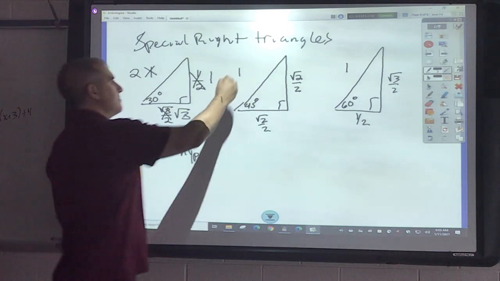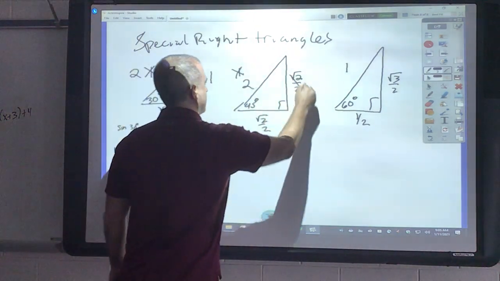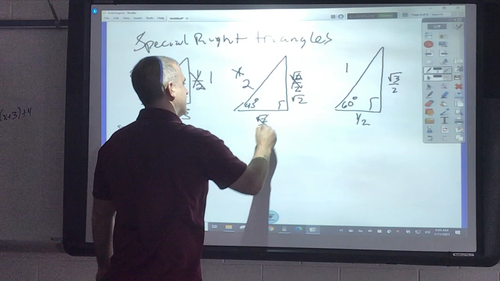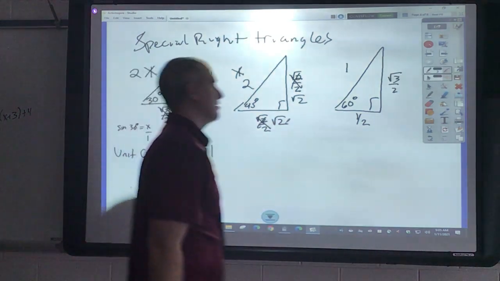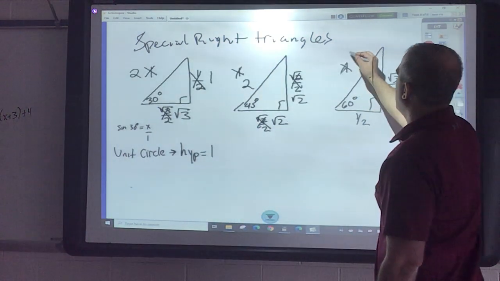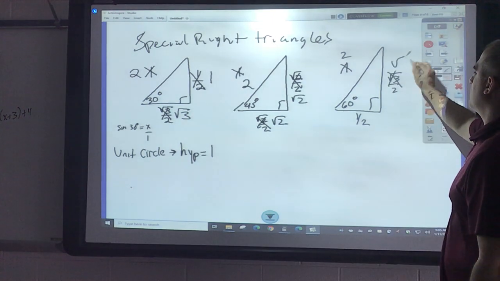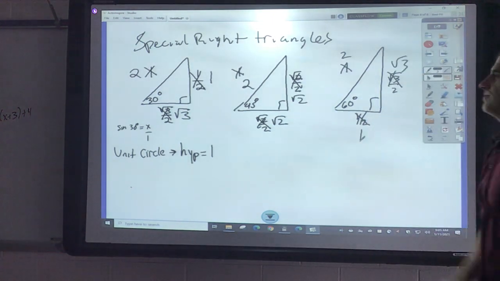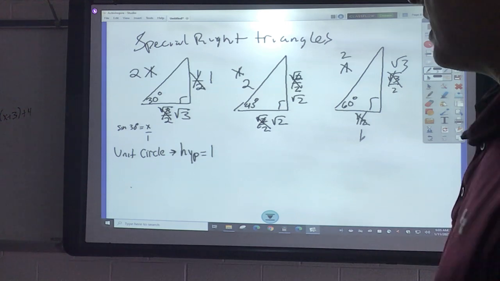Same thing here. This would be 2, this would be square root of 2, and this would be square root of 2. This would be 2, this would be square root of 3, and this would be 1. So that's what we have to look at. There are those amounts, and this is something you're going to have to memorize and get good at.